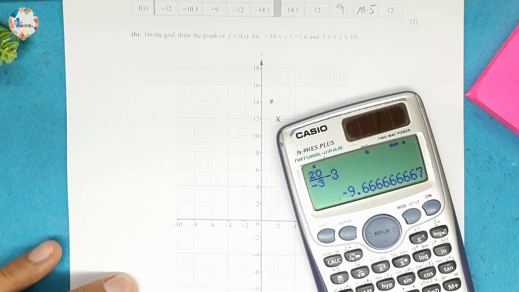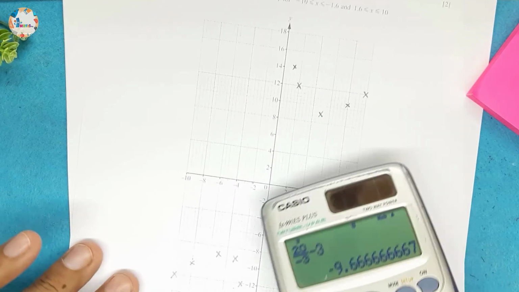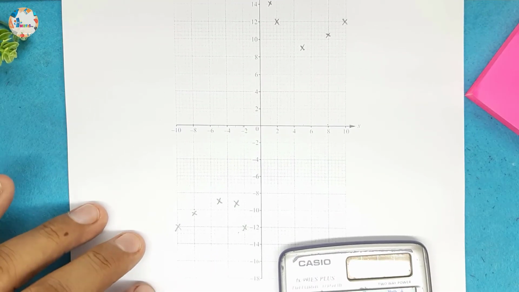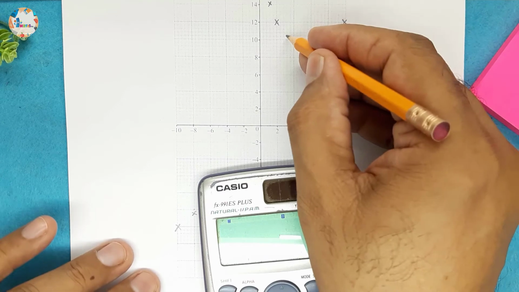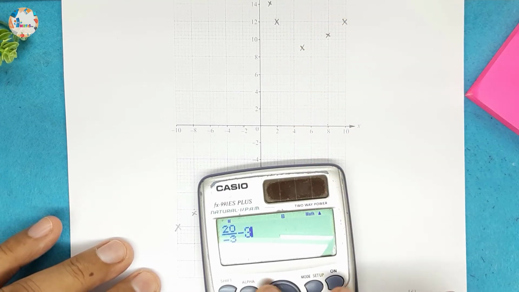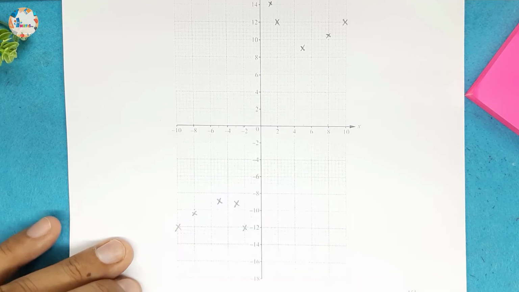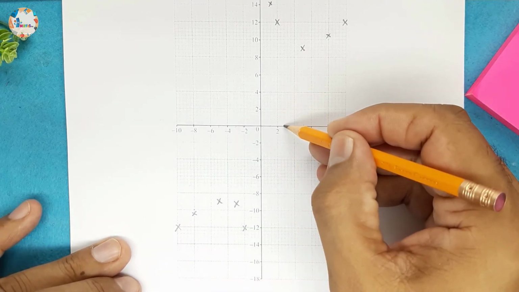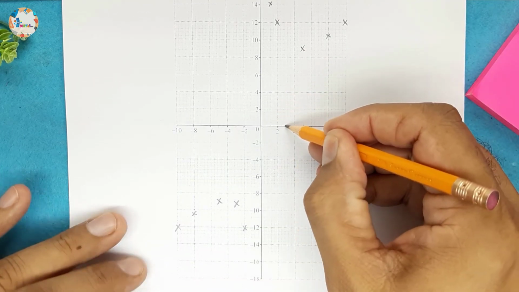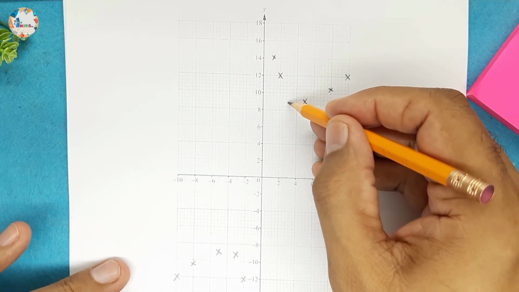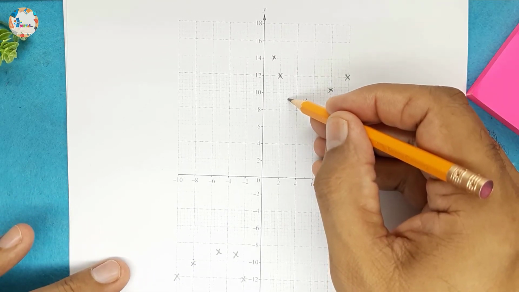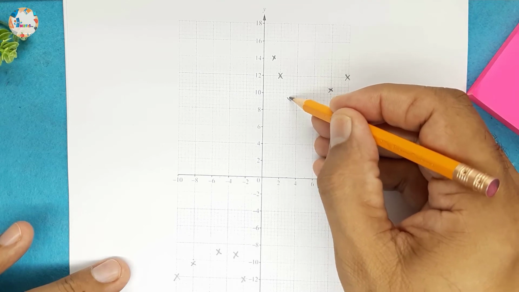Basically we have taken the correct point, but it should be a minus value which we have to replace for this. Now for this one we'll be replacing with the value 3, taking the plus value which we earlier took, which is basically 9.66. So for 3 we will be taking 9.66 over here.